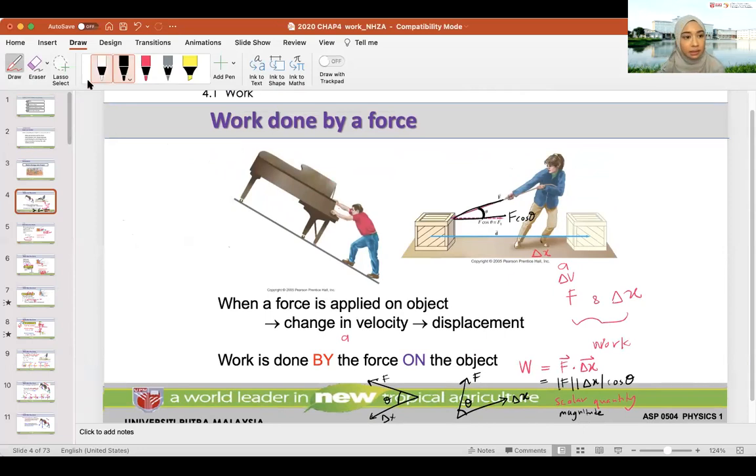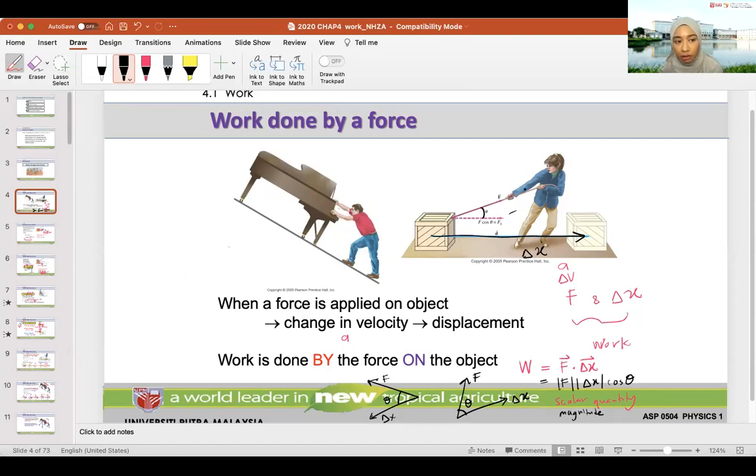Okay, let's look at this example again. In this case, this box is being pulled by this lady to the right. So we can say that the displacement of this box is to the right. So this is your delta x. This lady is pulling this box by a force, called F. And if I wanted to know the angle between F and delta x, it is theta.